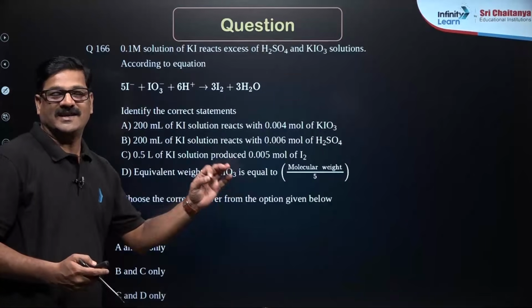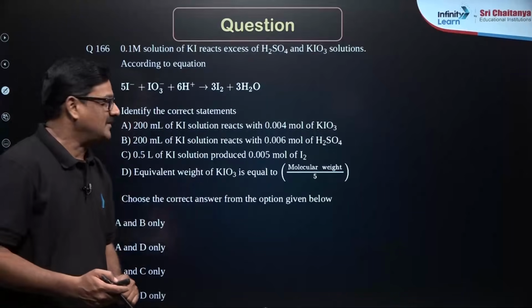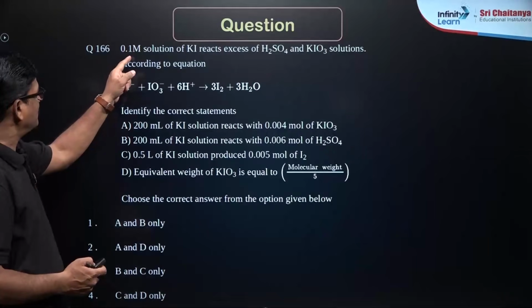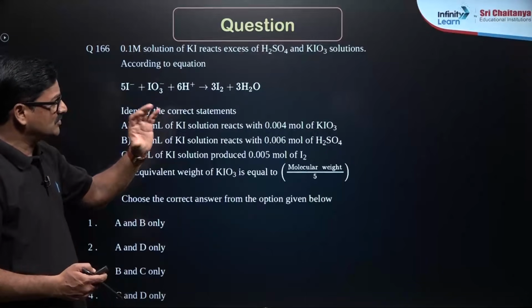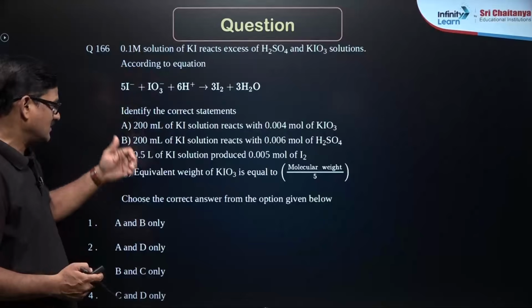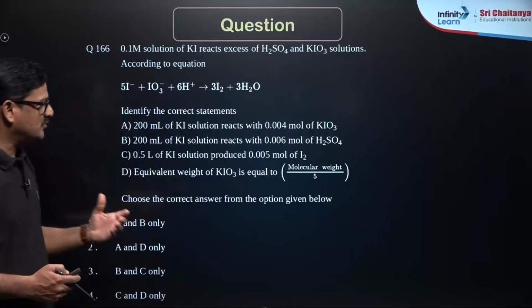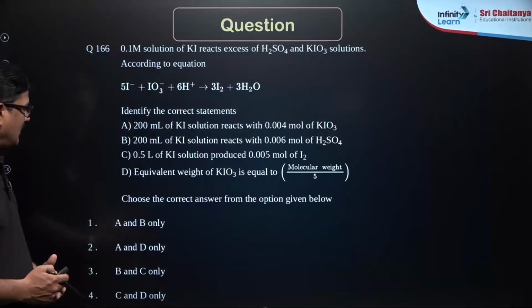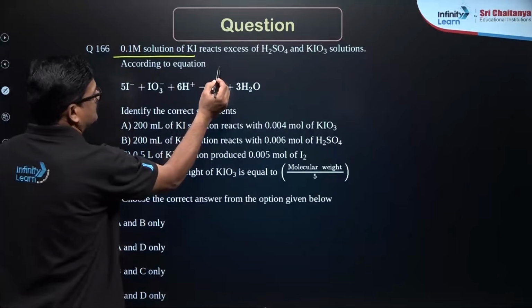Students, it is a combination of redox reactions and stoichiometry. Let us talk about 0.1 molar solution of KI reacting with excess of H2SO4 and KIO3 solutions according to the equation. So multiple statements are given, you have to identify which is correct. Let us talk about the number of moles of KI required.